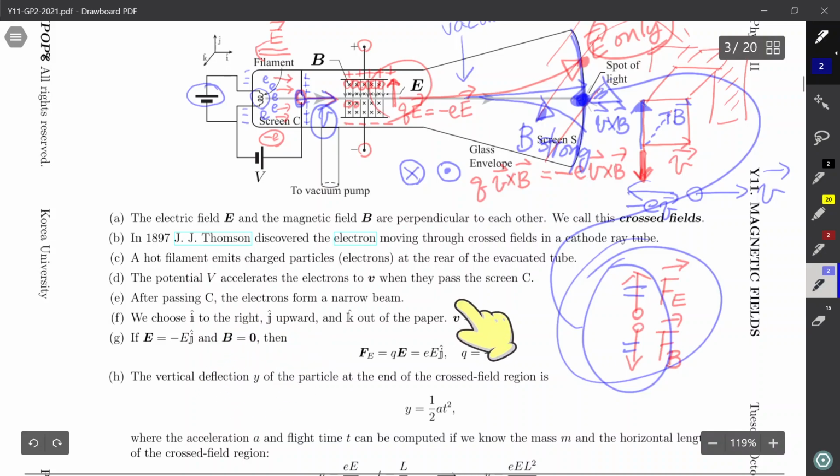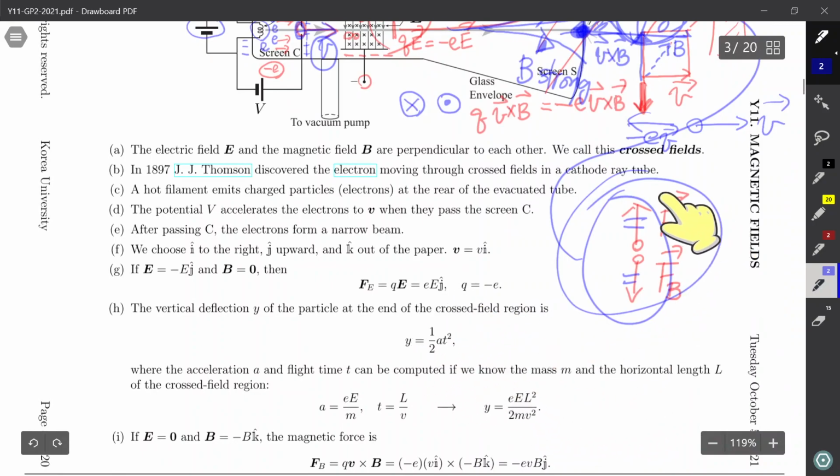Magnetic field is 0, then it deflects upward. This is the vertical deflection Y of the particle at the end of the cross field region. It is uniform acceleration with a. And this a can be computed by dividing the electric force by the mass of the electron.